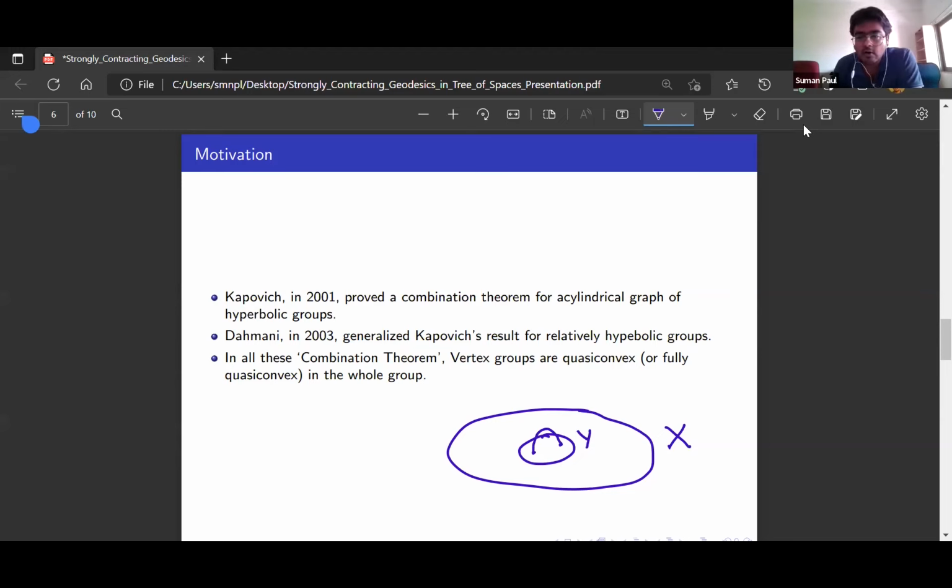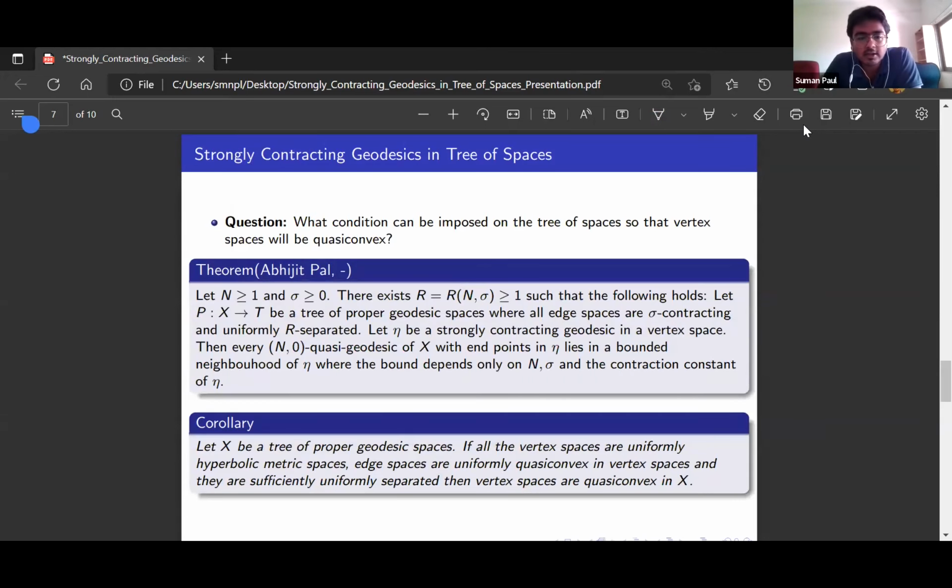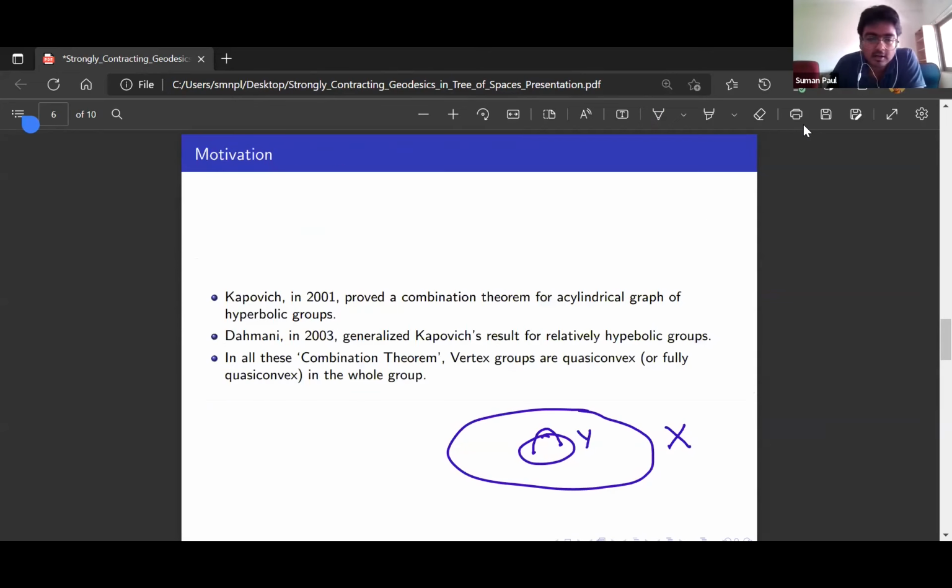So now in our context, the question will be, what conditions should we impose? In these two combination theorems, we take hyperbolic groups, or more generally, we can take hyperbolic spaces. And in Dahmani, they take relatively hyperbolic groups, and you can associate spaces to them also.